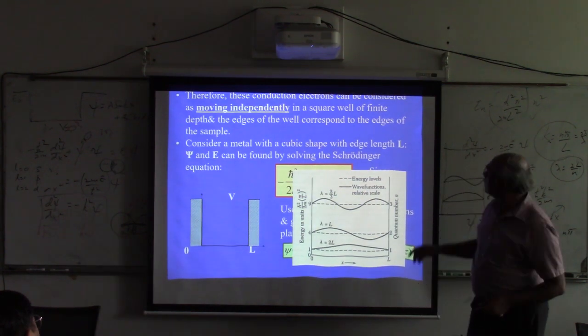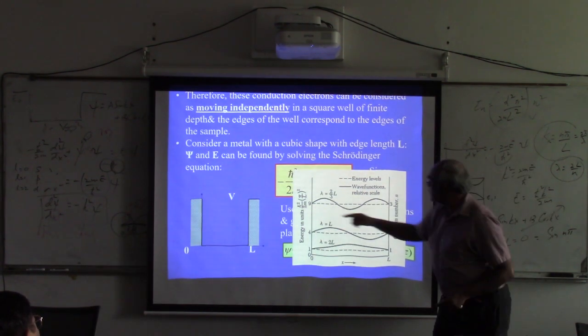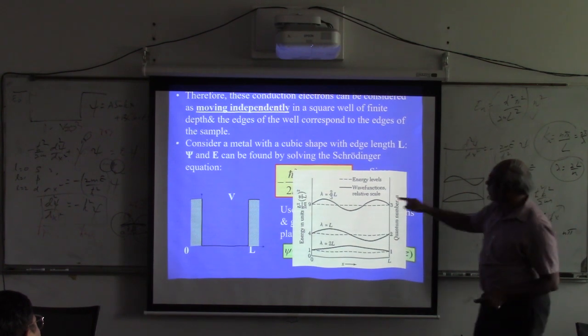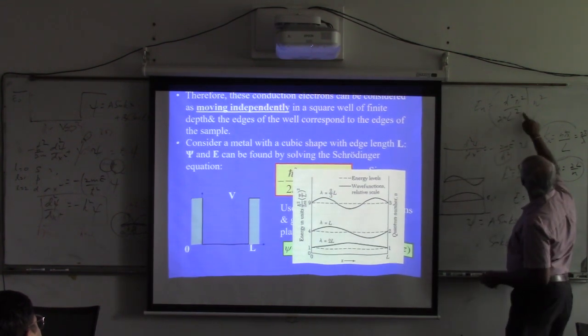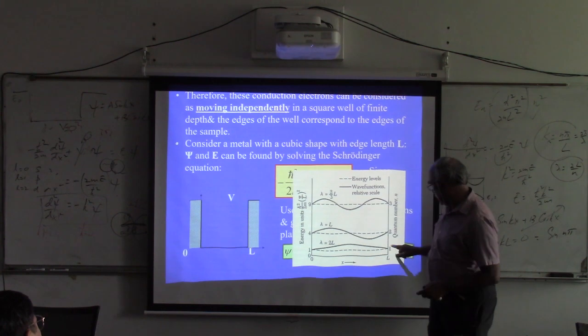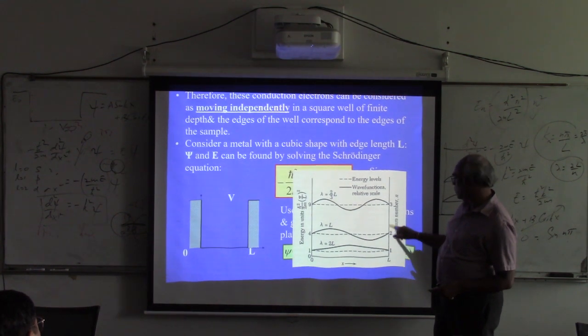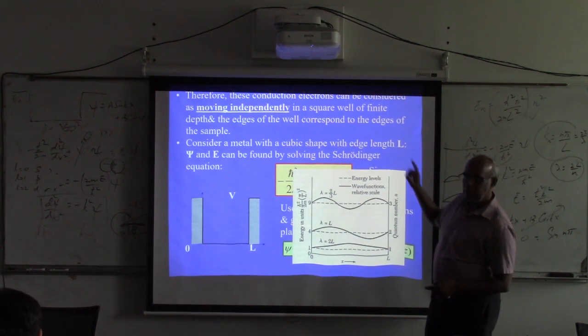So here everything is in terms of ħ squared over 2m times (π over L) squared, and then everything is in n squared, right? 1, 2, 3, you can see how the spacing increases.